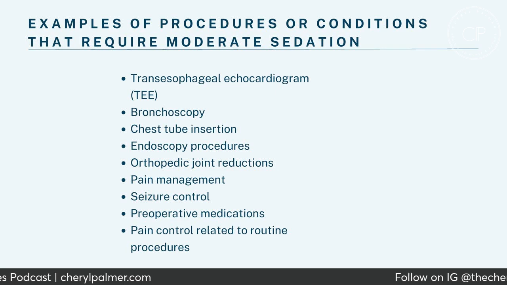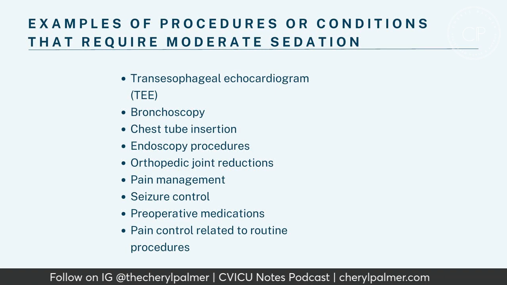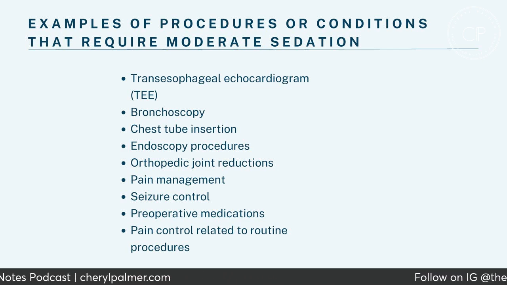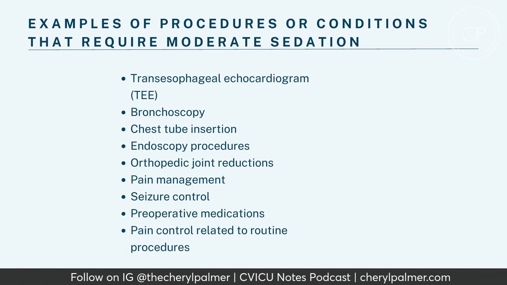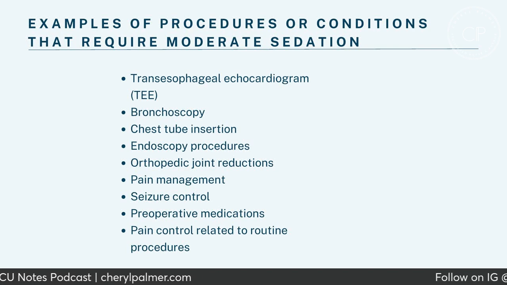Examples of procedures or conditions that require moderate sedation: your TEE or transesophageal echocardiogram, bronchoscopy, chest tube insertion, endoscopy procedures, orthopedic joint reductions, pain management, seizure control, preoperative medications, pain control related to routine procedures.